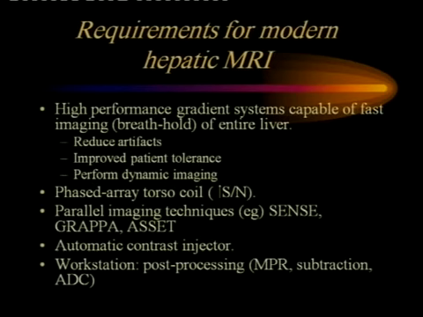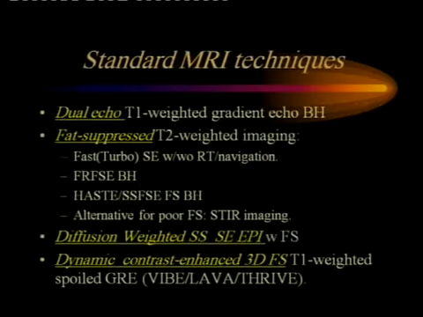The use of phased array torso coils will improve your signal to noise, and parallel imaging techniques are very important again in improving either your resolution or your time of acquisition. The automatic contrast injector is very important, and also utilizing the workstation for post-processing is very important as well.